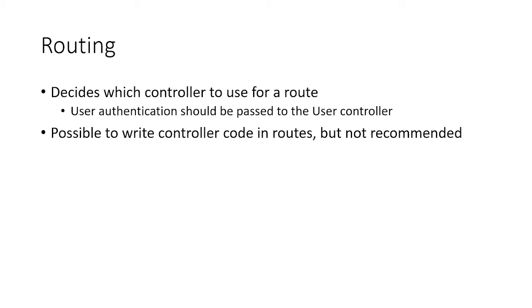For example, if a user requests to log in, there will be a route to do login. The router itself will determine that this is a login, so I would like to use the user controller, where the controller itself will have a function that handles user authentication.